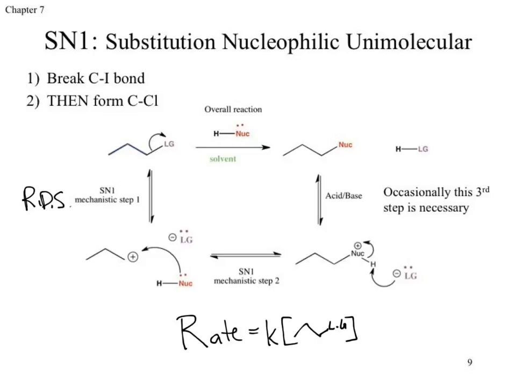Or rather, do I need one? Nope. If I don't need to use a strong reagent, I'm not going to use it because I don't want it doing something else in the reaction or potentially burning me. So when we look at our choices, we're going to make sure that the nucleophile we use is relatively weak. So we'll be looking at neutral nucleophiles when we look at the SN1 reaction.